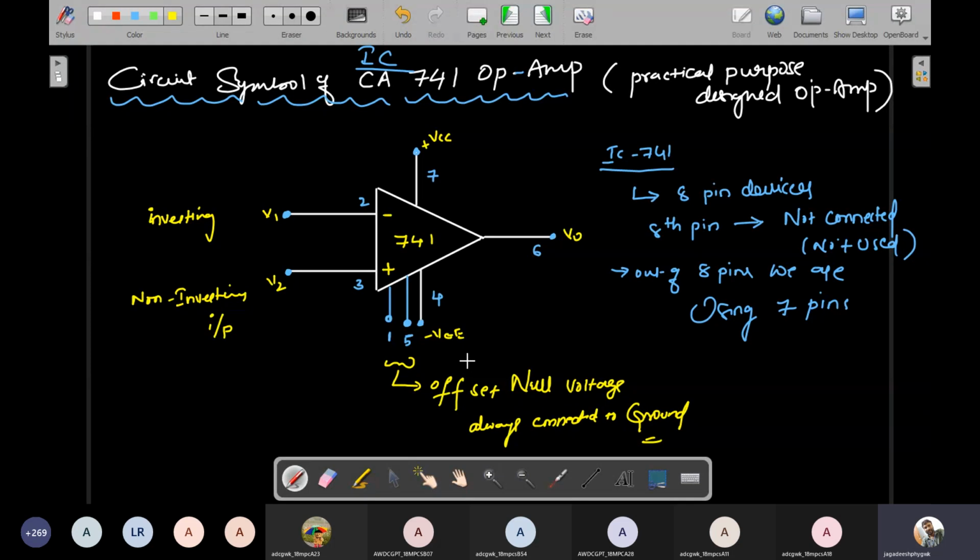Next, we will discuss the pin diagram of IC741. Tomorrow's class we will study open loop and closed loop configuration, and the packing and voltage IC identification. There is one topic, packing and voltage IC identification, and another topic is open loop and closed loop configuration. So after completing these two, I think almost all of the unit is completed.